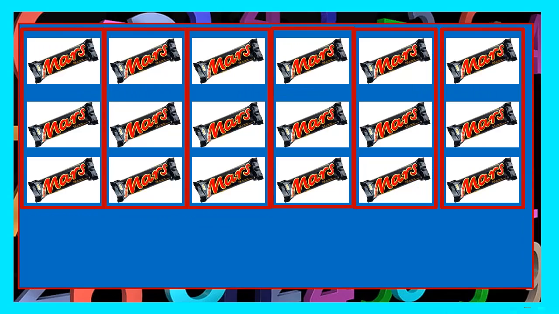So if we're going to write the mathematical sentence of this, it is 18 divided by 6 equals 3. So what have you noticed about the division? All the 18 chocolates are divided into 6 equal groups.